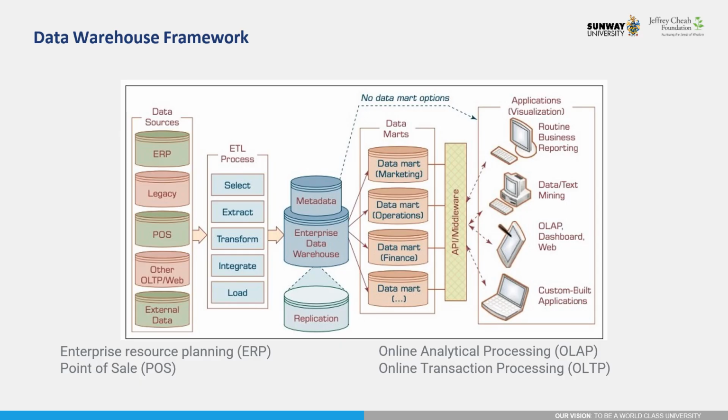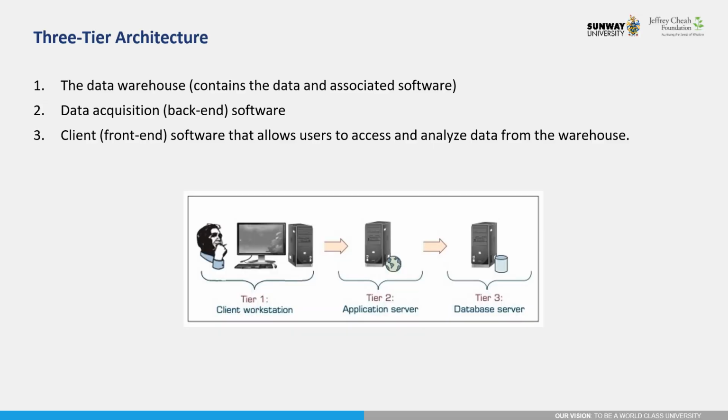So we are talking about data warehouse architecture. This is a very simple one with three tiers: one is the client, another is the application server, and the last is the database server. This is the three-tier architecture.